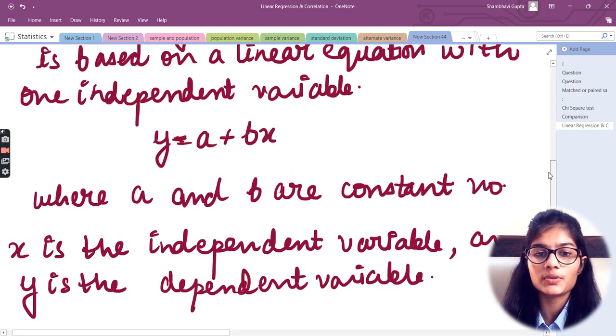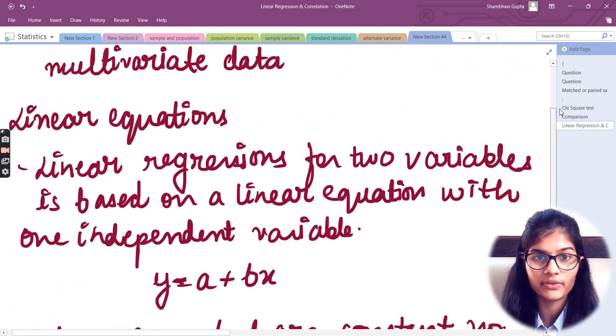It depends on you which variable you set as dependent and which as independent. You choose a value to substitute for the independent variable and then solve for the dependent variable. I hope this is clear to you.